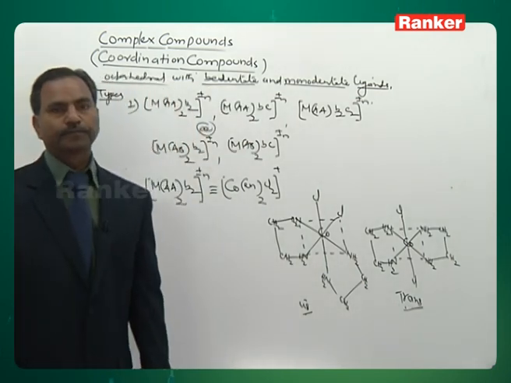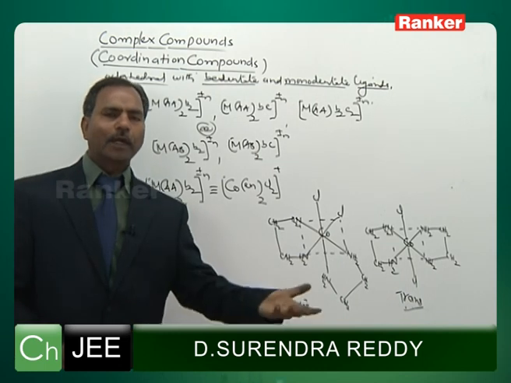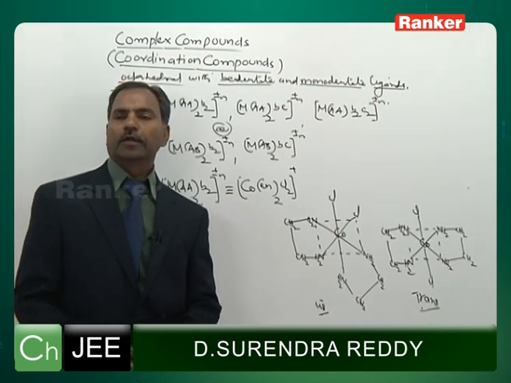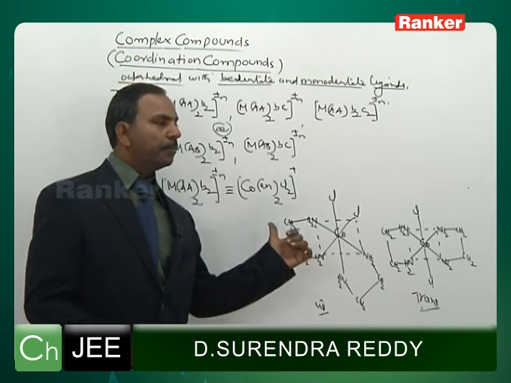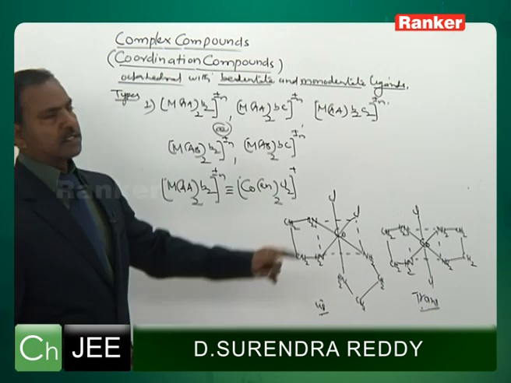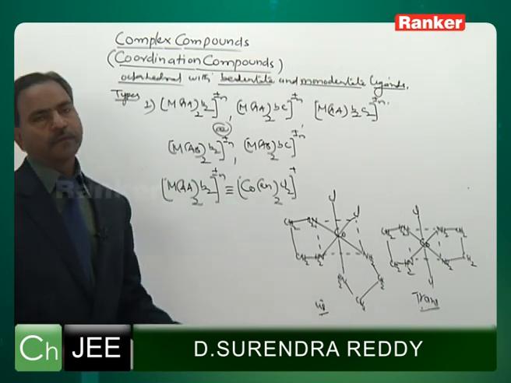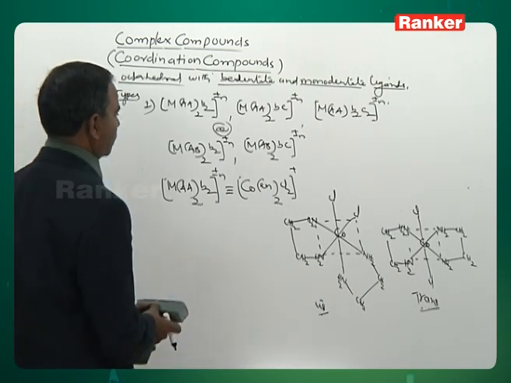Cis and trans: this is MAA taken twice, B2. Similarly, we can also write cis and trans structures or geometric isomers for the BC type. Instead of two similar ligands, we now take two different ligands, MAA taken twice, BC type.